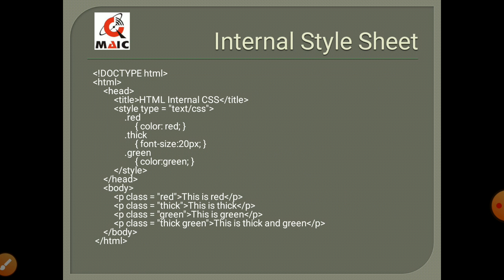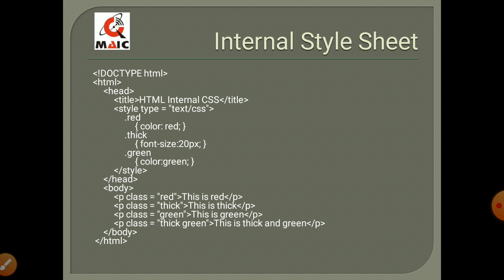Selectors can be specified by either the HTML element or ID or through class. Here we are using the class because we are using a dot operator there. So dot red, color colon red, dot thick, and we are changing the font size to a thicker pixel value, and green we are changing the color to green.